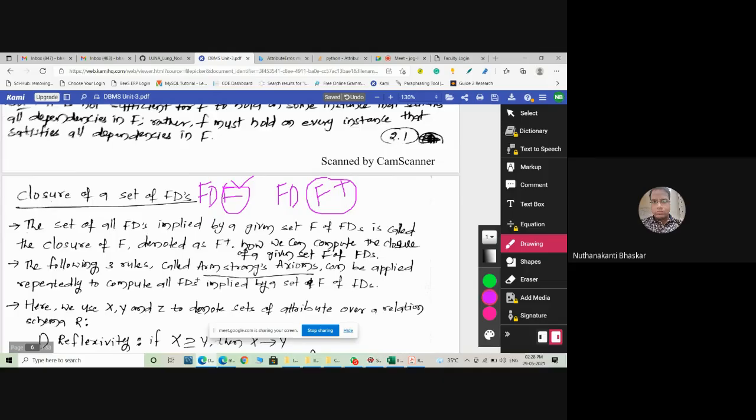Now, based on these functional dependencies, we are going to combine some of them using some rules, that is, Armstrong axioms, which are mathematical rules.